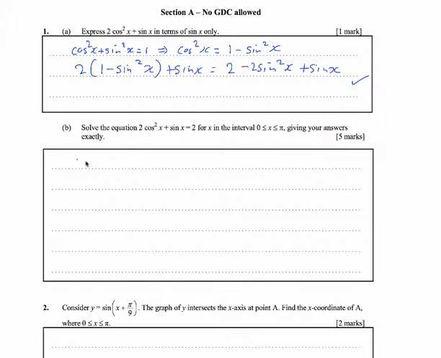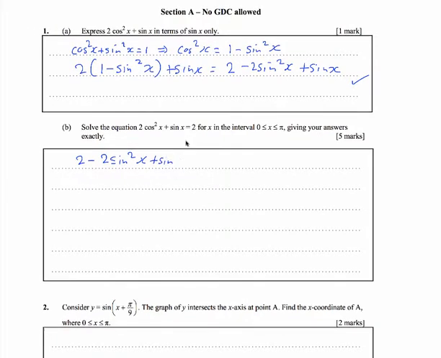So I can say 2 minus 2 sine squared x plus sine x equals 2. The 2's cancel out. I prefer my sine squared to be positive, so I'm going to put everything on the other side, so I've got 2 sine squared x plus sine x. I need to find x's.